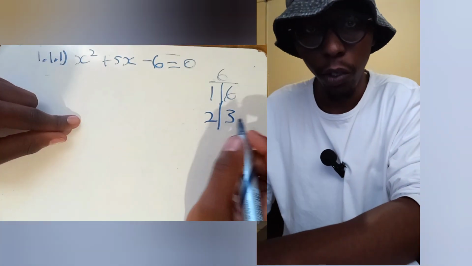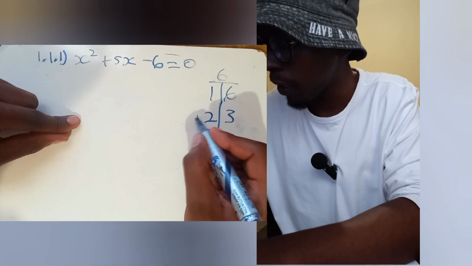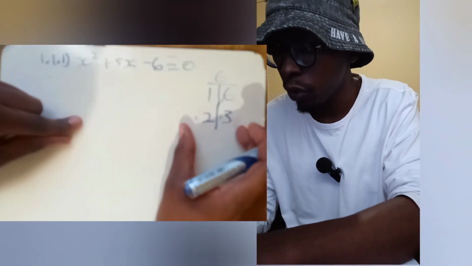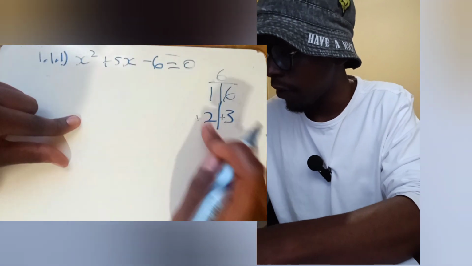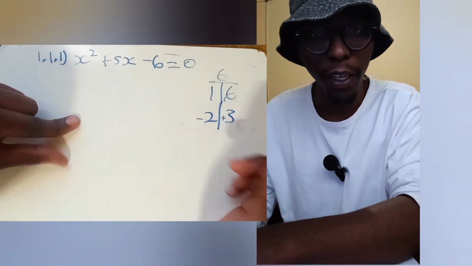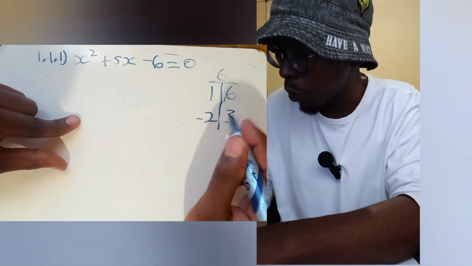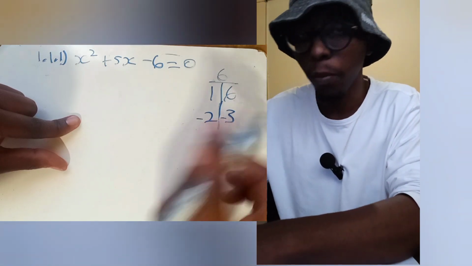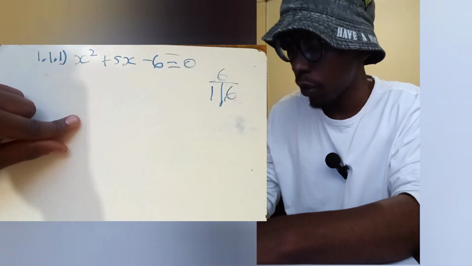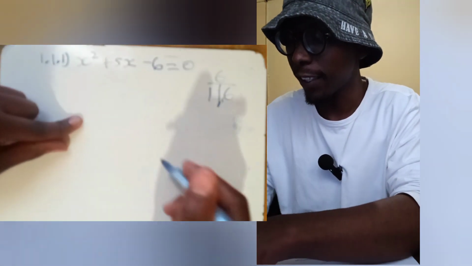So the 2 and 3 will not work, because if it's plus 2 plus 3, it will give me the positive 5, but when I multiply, they won't give me a negative. If they are both negative, it's minus 5. So the 2 and 3 is obviously out. So now we have only 1 and 6.